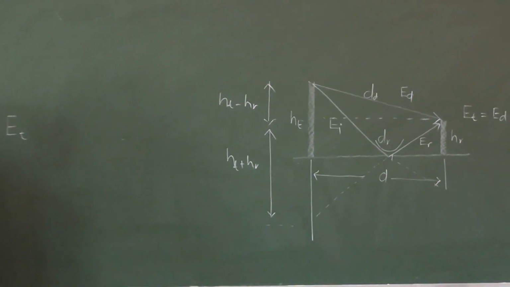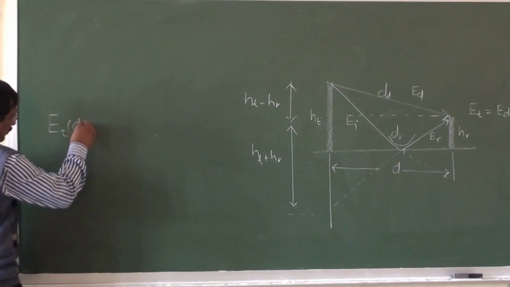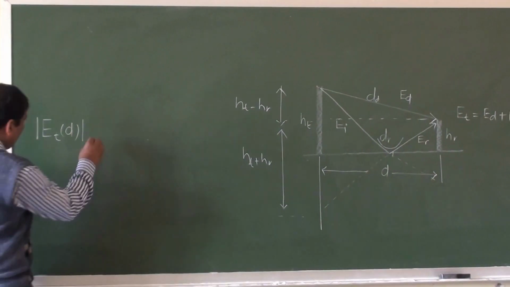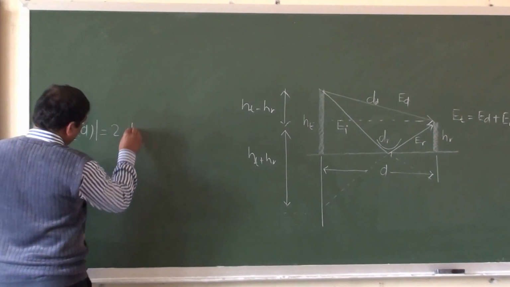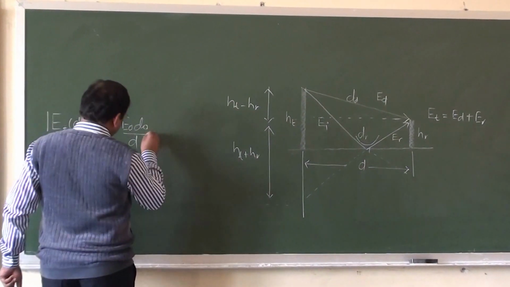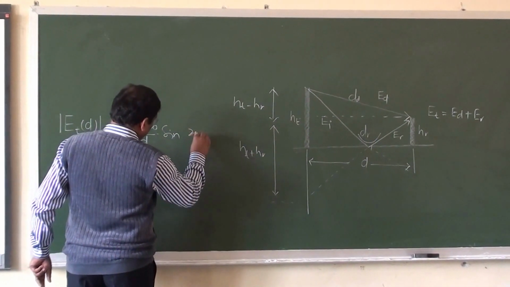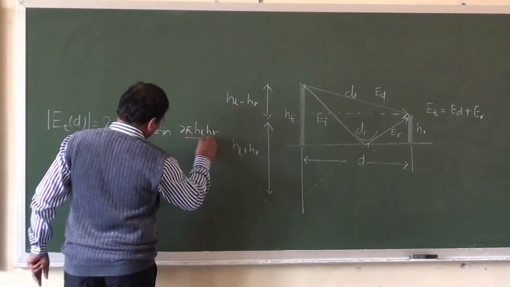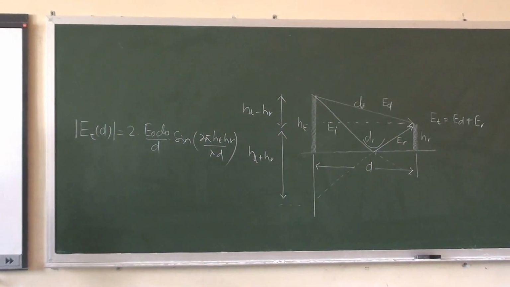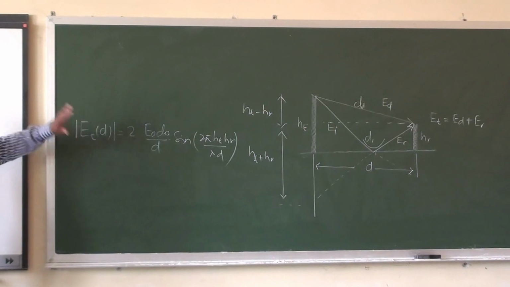ET, the total E field at the particular distance D, is like 2 E0 D0 by D times sine of 2 pi HT HR by lambda D, if you remember or if you have seen this. So we came up to this point in the last class.